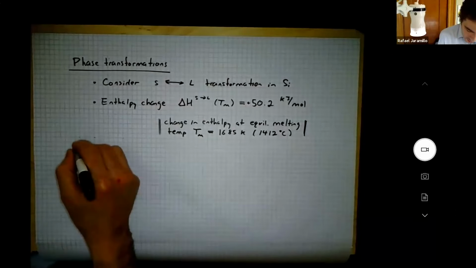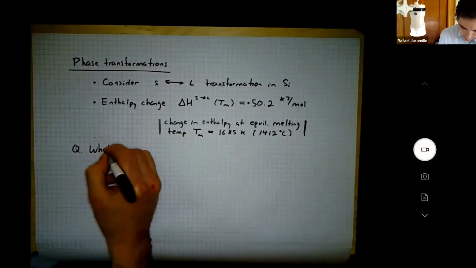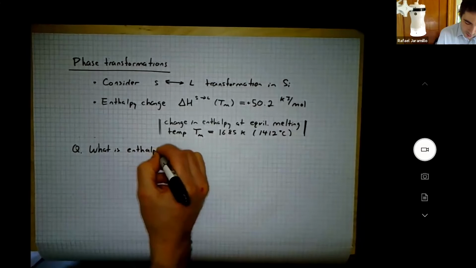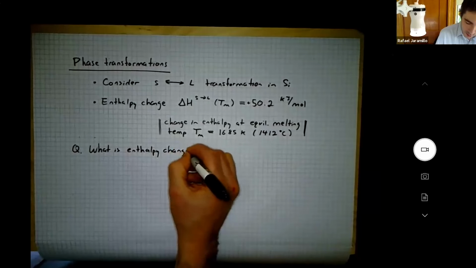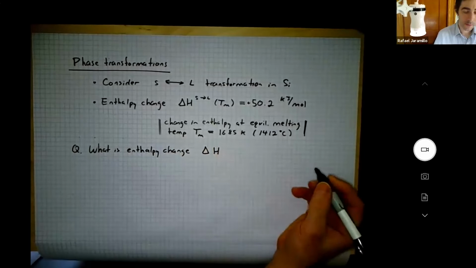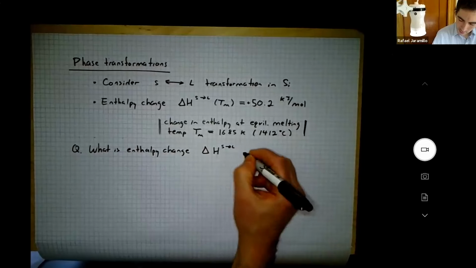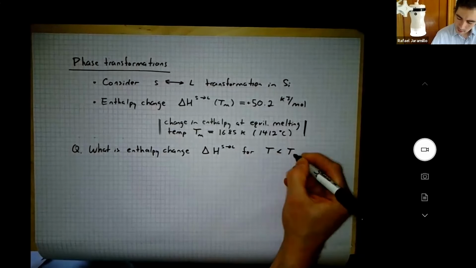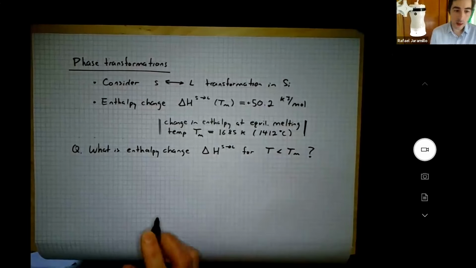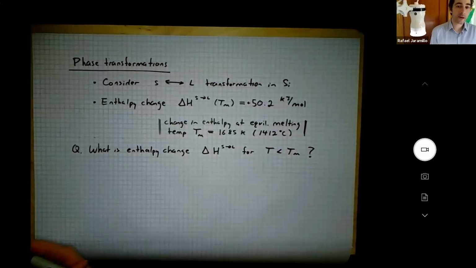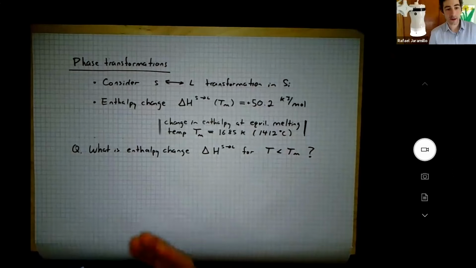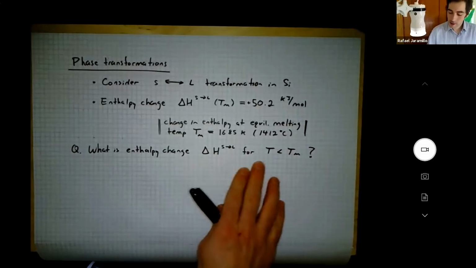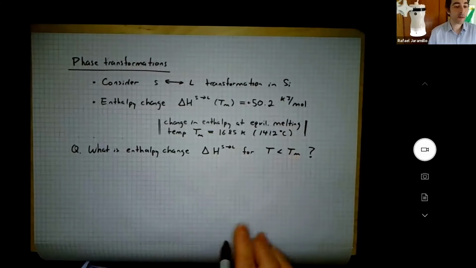All right, let me ask a question. What is the enthalpy change, delta H, solid to liquid, for T less than T melting? Right, solidification is exothermic, melting is endothermic. So the question is, how much heat does the solidification process give off when you're solidifying below the melting point?